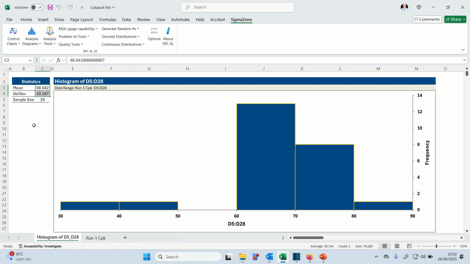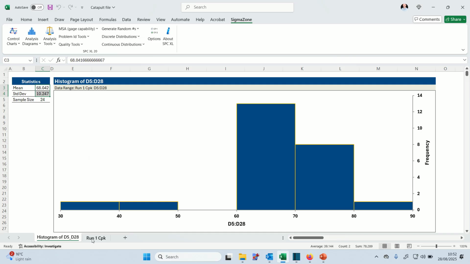I'm sitting at an average of about 68 inches, but I've got a standard deviation of 10, which if I multiply that by 6 gives me a potential range of 60. Now you can see the histogram going from 30 at the bottom all the way to 90 at the top. I'm supposed to get those results inside a range of 6. So I'm 10 times worse than I actually need to be in terms of my capability.